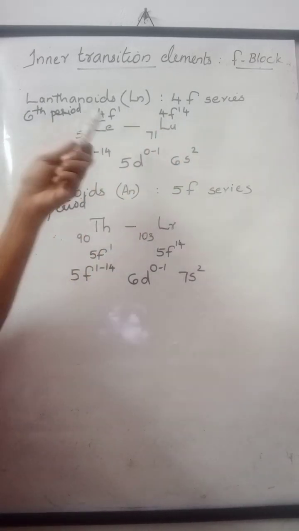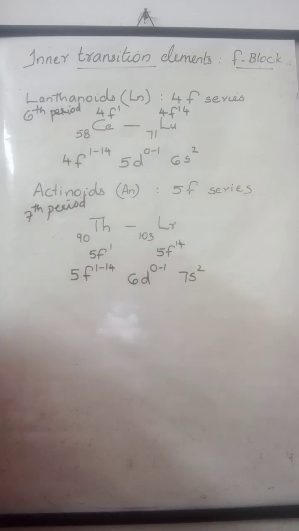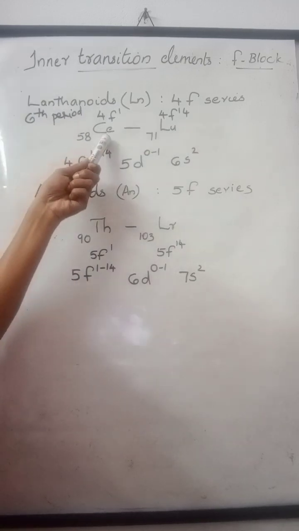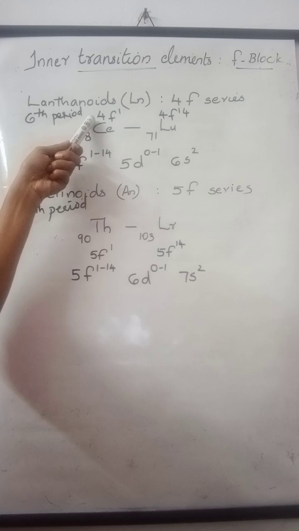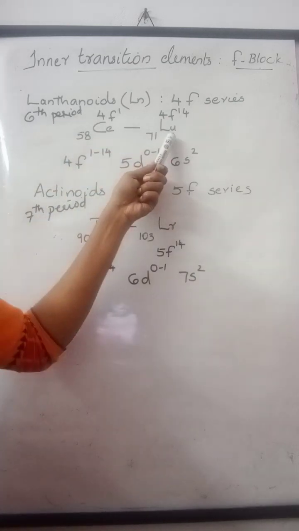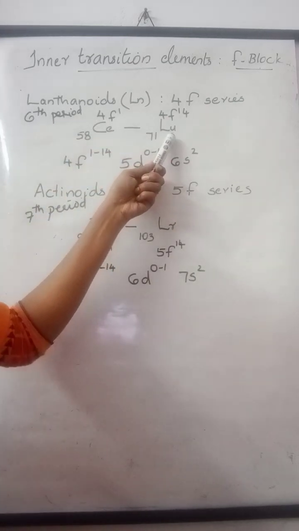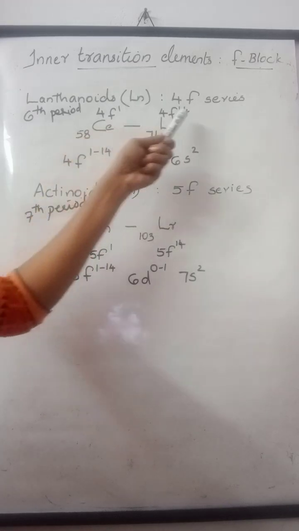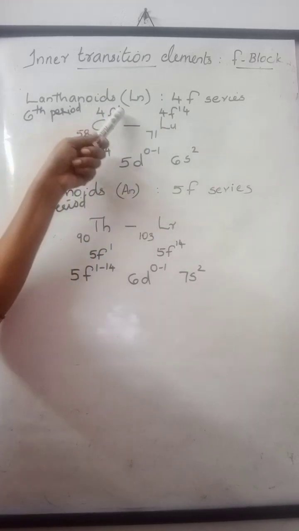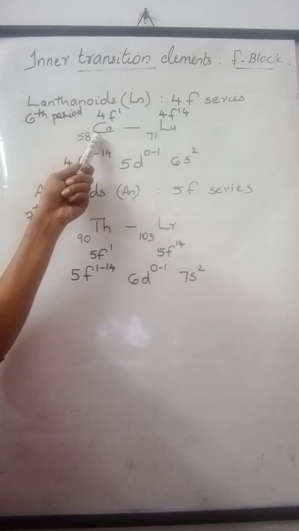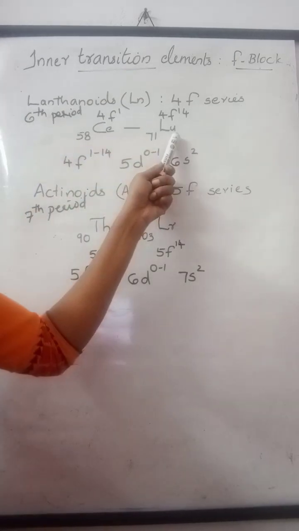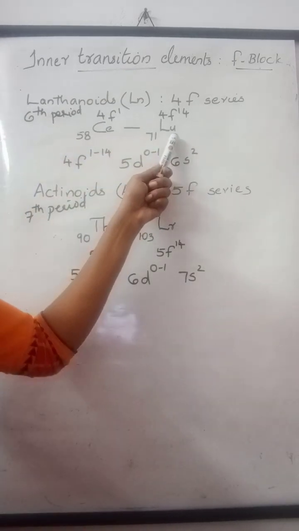Lanthanoids are cerium to lutetium. In cerium the configuration starts with 4f1, and the 14th element is lutetium, whose electronic configuration will be 4f14. That is, the F atomic orbital starts filling in cerium and is complete with 14 electrons in lutetium.